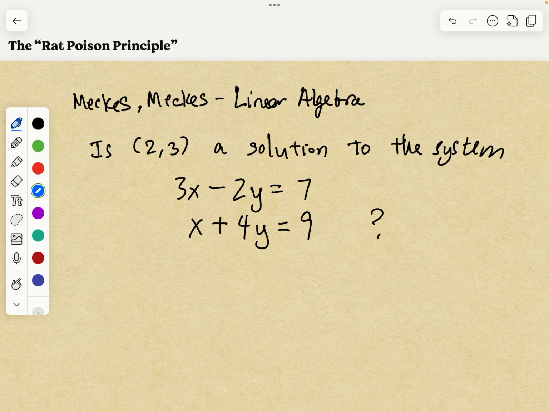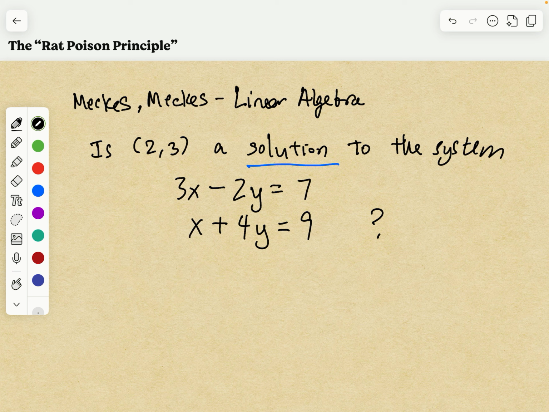Well, what's the technical term that we have? Solution. The question is, is (2, 3) a solution? Now, what does the word solution mean? What makes something a solution? It's a solution if, when you substitute 2 and 3 into the equations, you get a true statement. That's what makes something a solution.